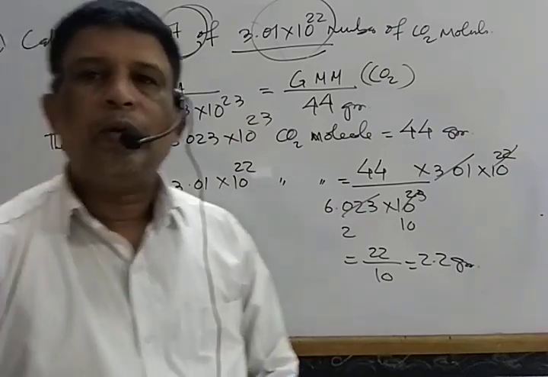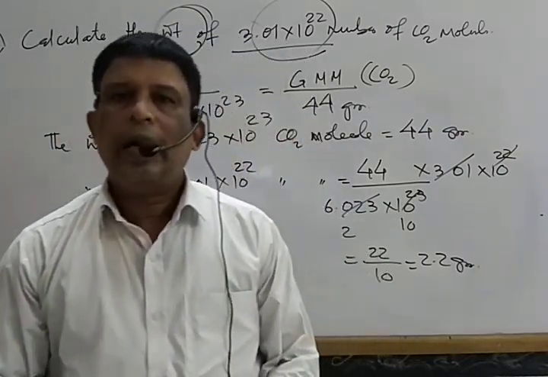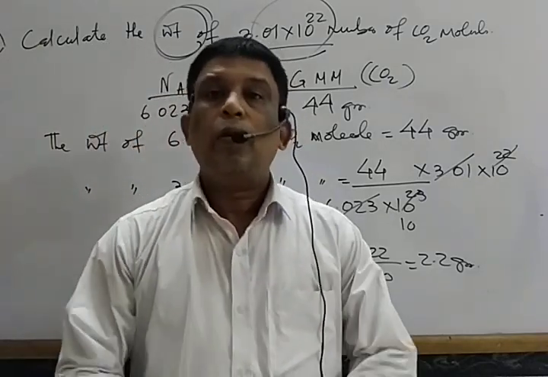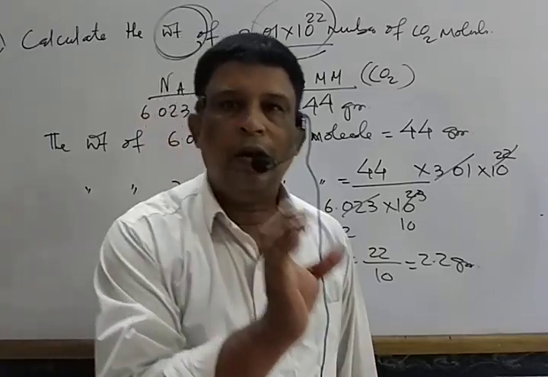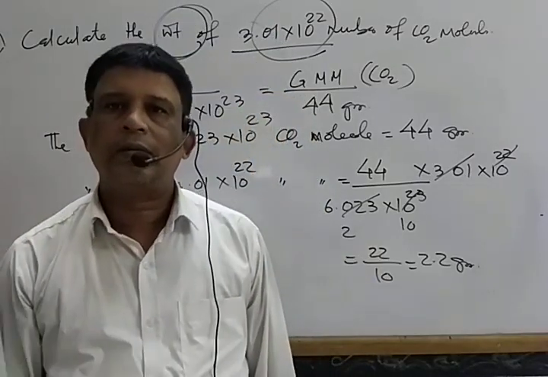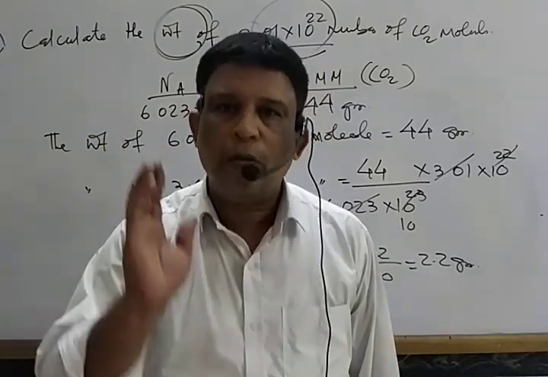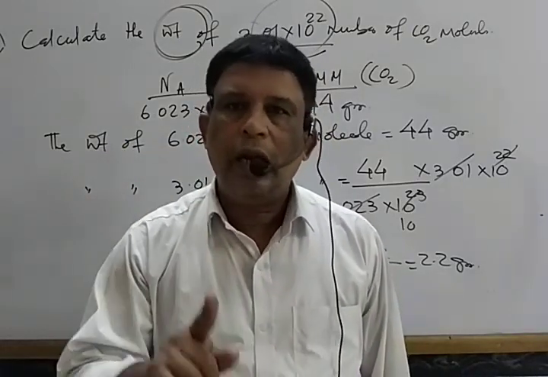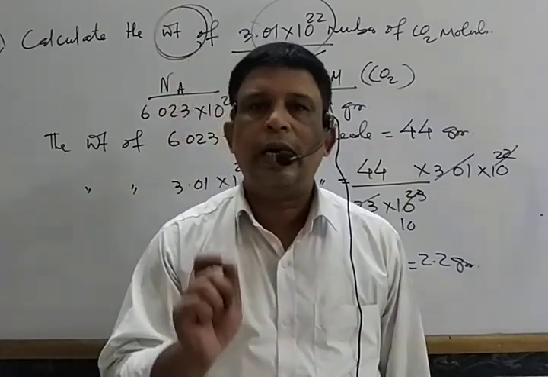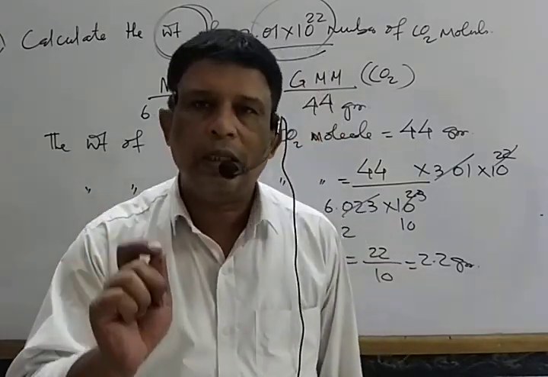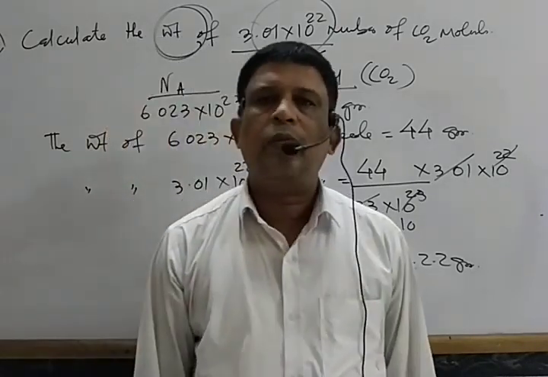So whatever may be, whether it is CH4, NH3, H2O, O2, N2, Cl, whatever may be, focus on the question. What is the relationship? Number and mass. Then deduce the relationship for number, whether it is atom or molecule or ion or electron or proton. Always focus on number, means 6.023 into 10 to the power 23. Then GMM, gram molecular mass.